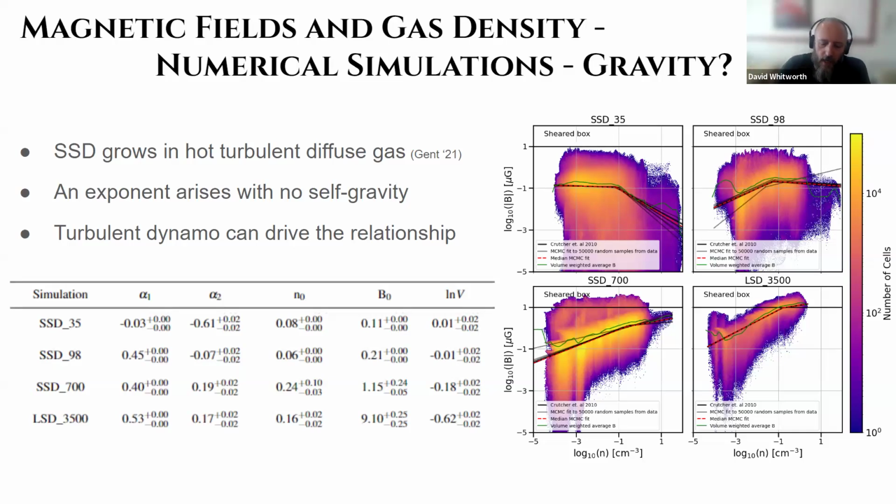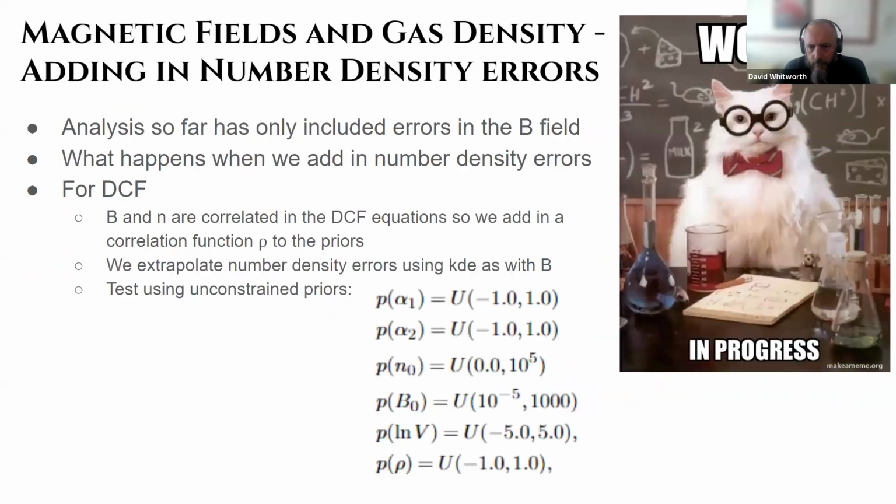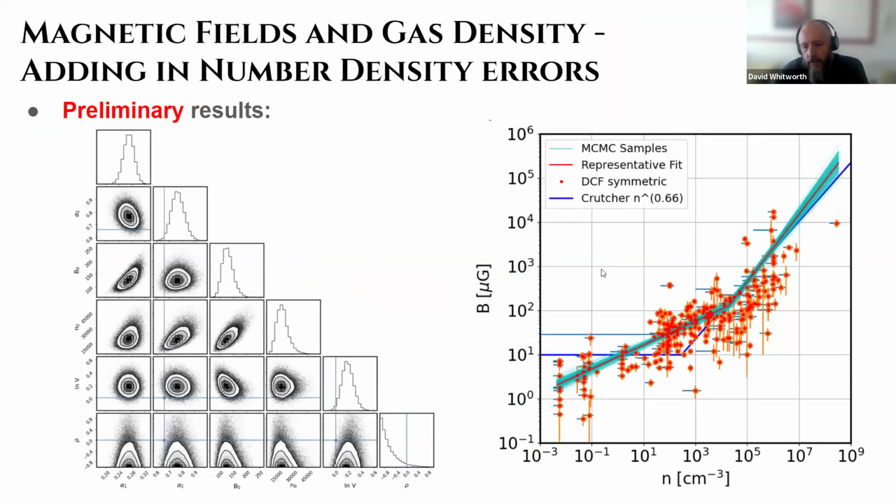And we see that a little bit in the DCF data, where we've got this really high bend appearing. So moving forward, there needs to be a better analysis, more focus on why and where this break occurs.